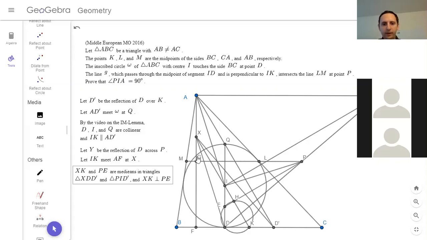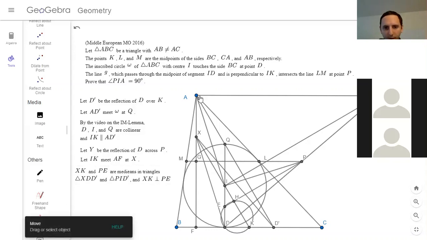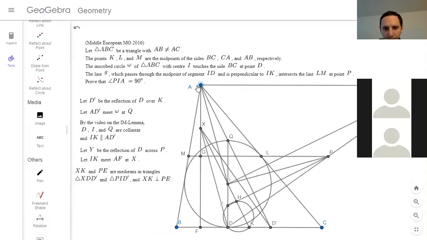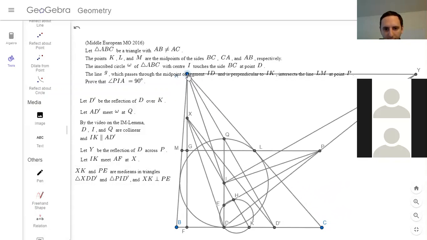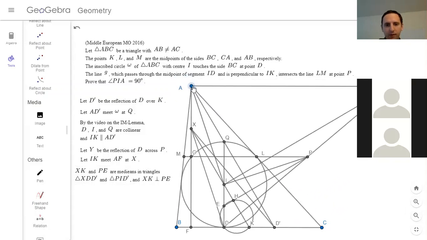So is XD parallel to AI? I think it might be. Yeah, I think XD is parallel to AI. Let's see if that's obvious.